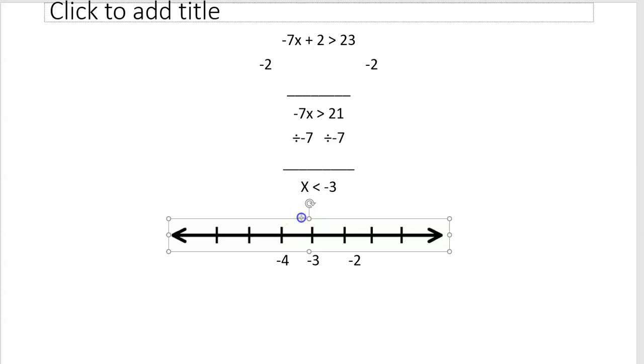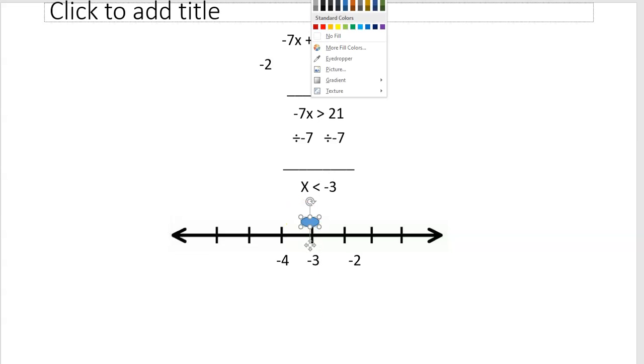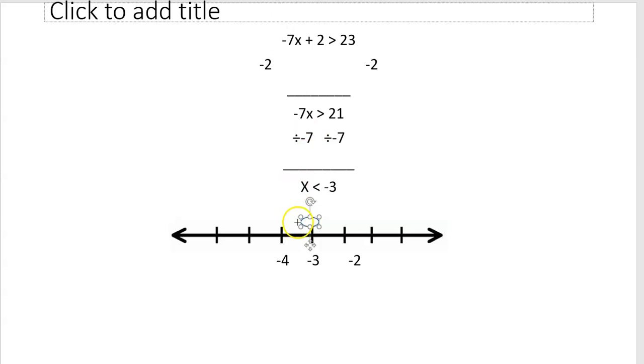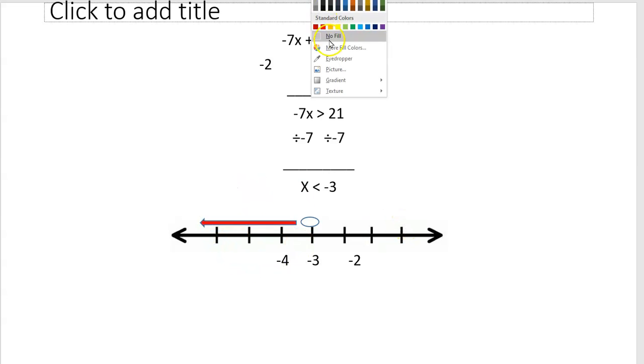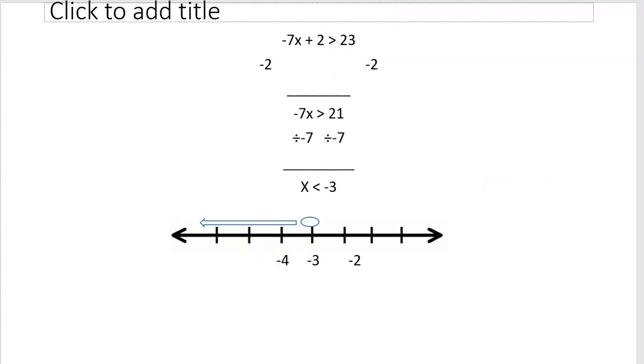An open circle at negative 3. Get an open circle, and then my arrow is going to go this way, so I'm going to rotate it so it goes like that. Okay, arrow to the left.